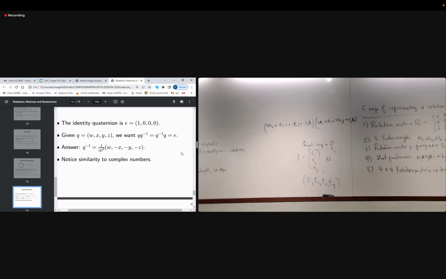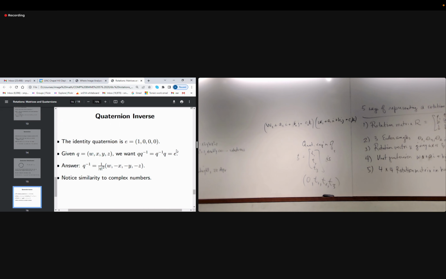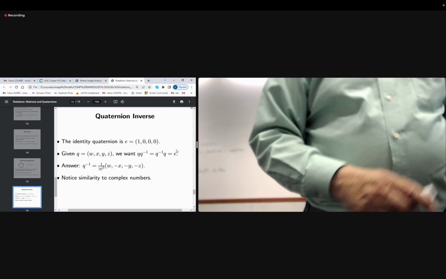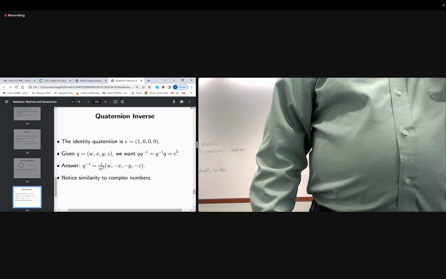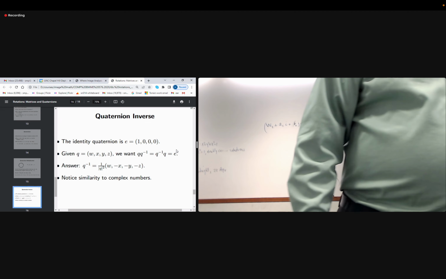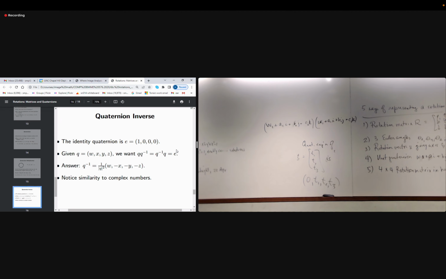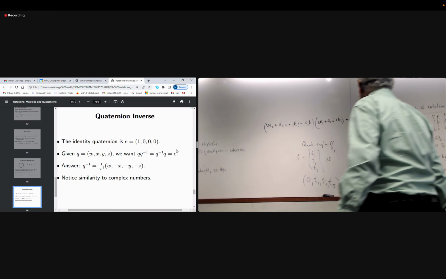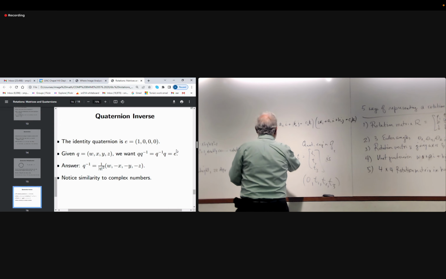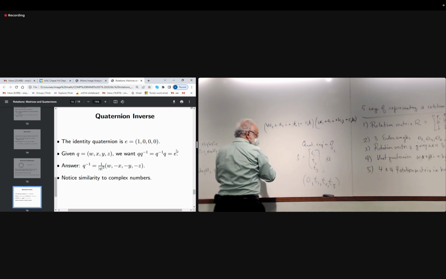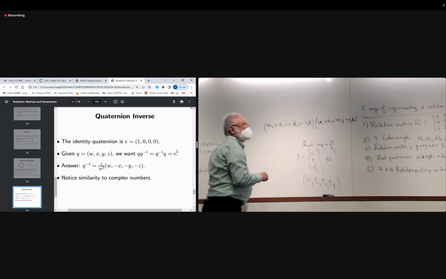Okay, so next one. The identity quaternion is 1, 0, 0, 0. Right? Because when you multiply 1, 0, 0, 0 times W, A, B, C, according to these rules, let's see.